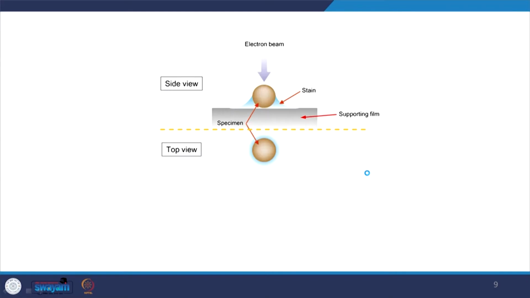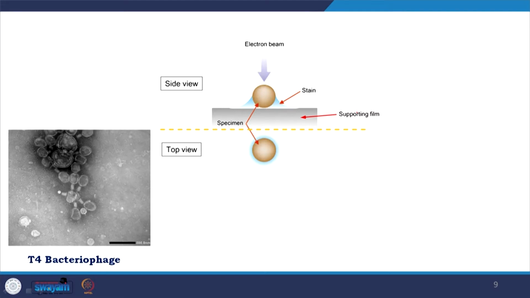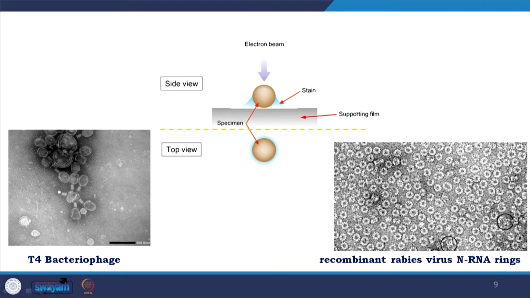Here you could see the side view and the top view; the electron beam is coming, the stain is protecting, and the sample is made on a supporting film. This is a negative staining of T4 bacteriophage. This is a negative stain of recombinant rabies virus nRNA rings.